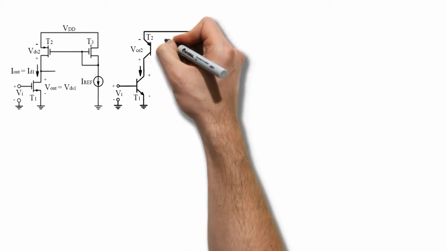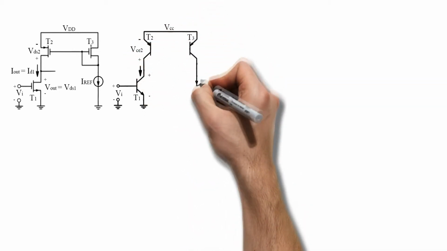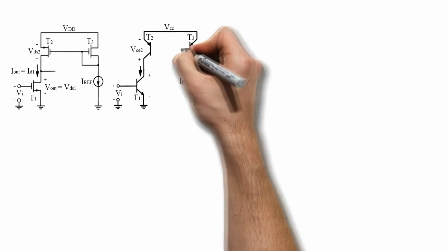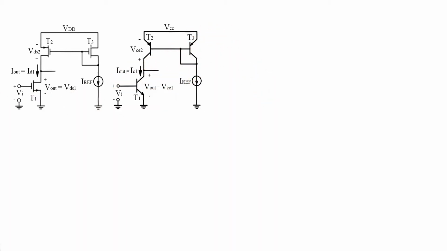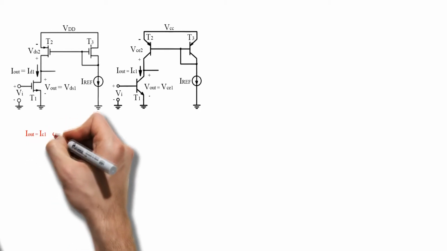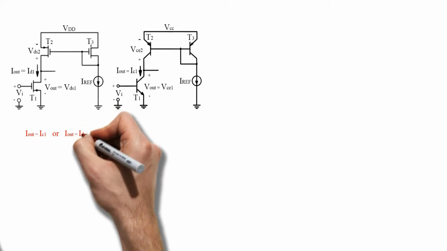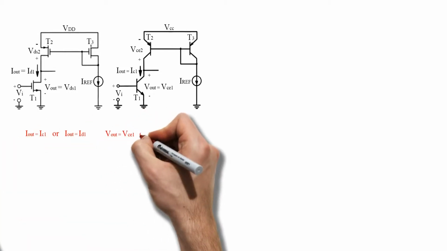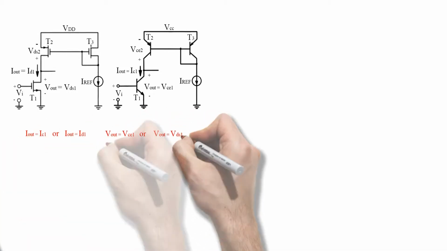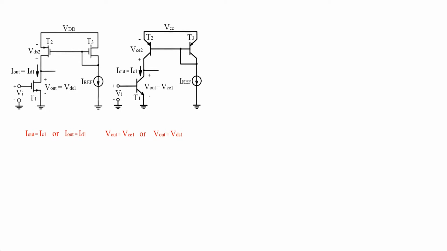The relationship between these variables is governed by both the input transistor and the load transistor. From the standpoint of the input transistor T1, I out equals IC1 or I out equals ID1, and V out equals VCE1 or V out equals VDS1.